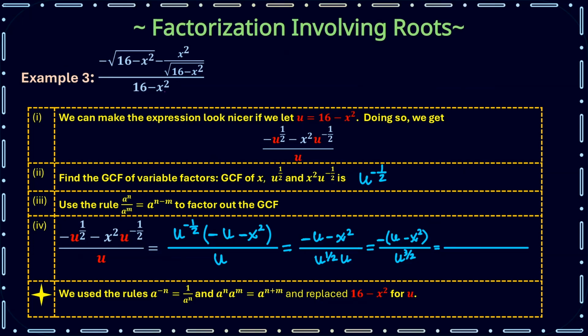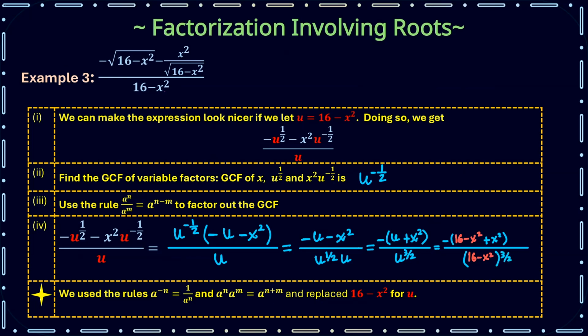All right, so let's start with the top. And make sure when you take a negative out, you end up with a positive inside the parentheses. With the negative out, we have 16 minus x squared plus x squared. And then in the bottom, u is 16 minus x squared, the whole thing going to the power of 3/2.